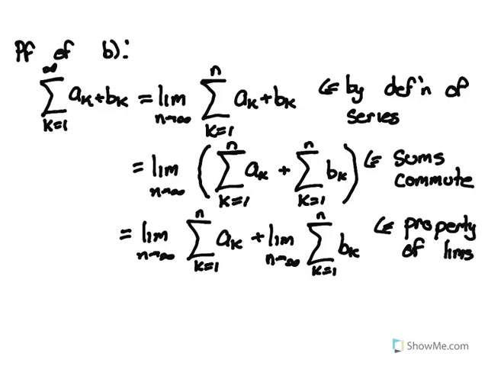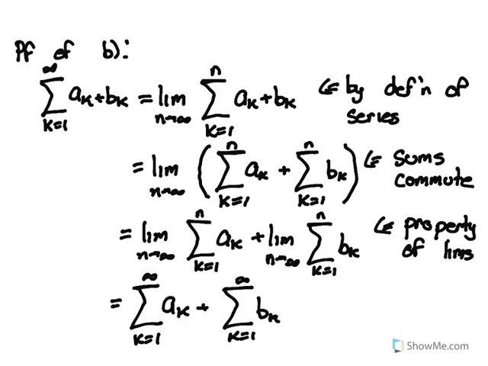And again, we arrive at the partial sums for the series a_k and the series b_k, and the limit of which is the whole series. So it's k equals 1 to infinity of a_k plus k equals 1 to infinity of b_k. And again, by definition of series.